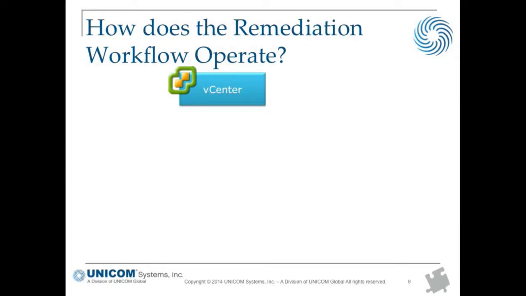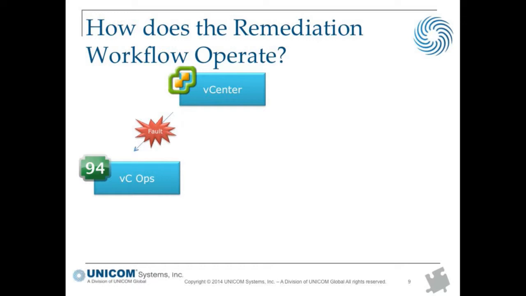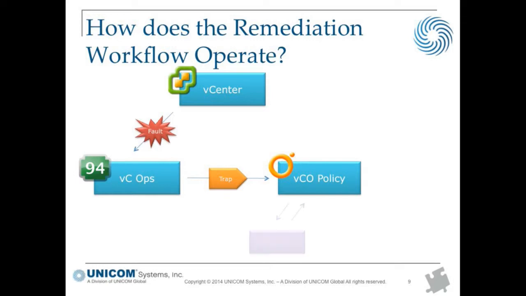The way that it works is, you have vCenter, and vCOps will detect a fault or a workload issue, whatever that event is. Once it detects that, it can send a trap over to vCenter Orchestrator. There's a running policy that's constantly checking for these SNMP traps, and once it receives one, it'll check it against configuration.